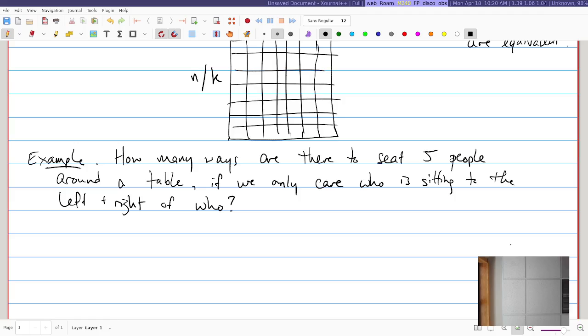There are 5 different people I can choose. Once someone's in this seat, who am I going to put in the next seat? There are 4 people left over, so that's 4 choices, then 3 choices, 2 choices, 1 choice. So the total number of ways to seat people is 5 times 4 times 3 times 2 times 1.